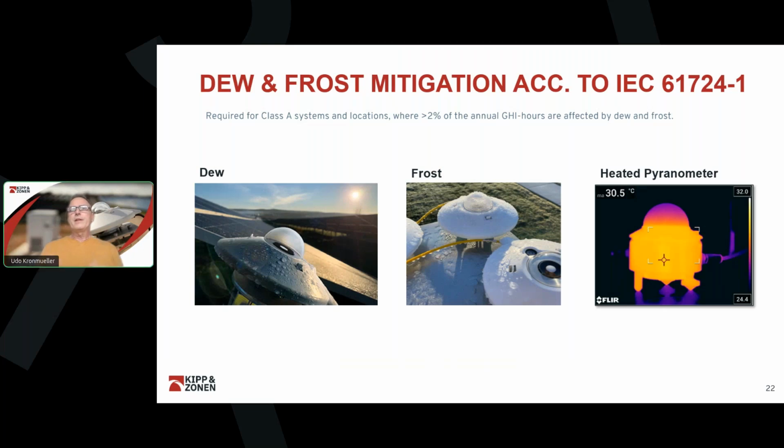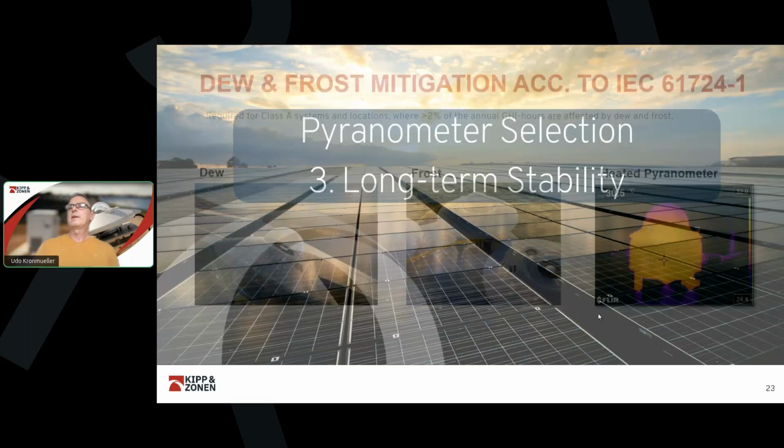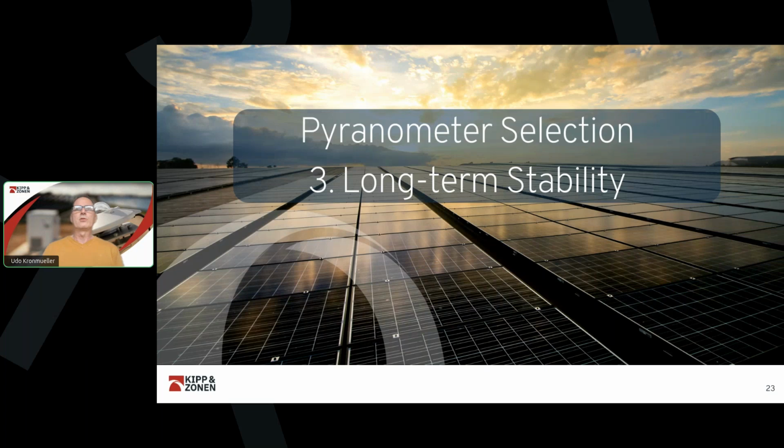And this effect is even more relevant for negative temperatures, when the dew turns into rime or frost, which impacts the pyranometer's performance in a significant and even unpredictable way when there are frost and ice layers on the glass dome.